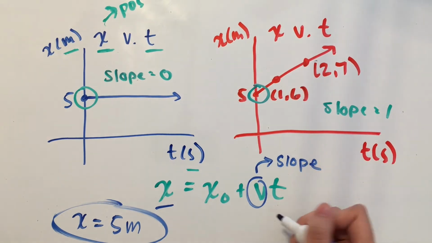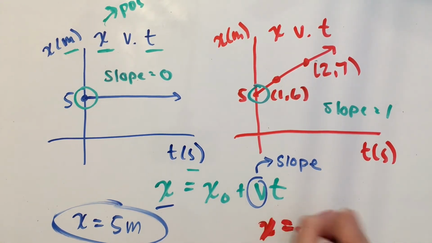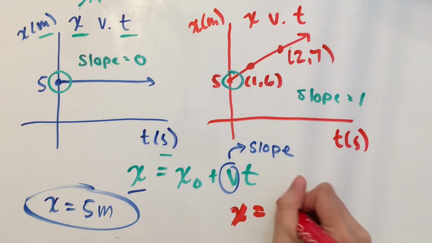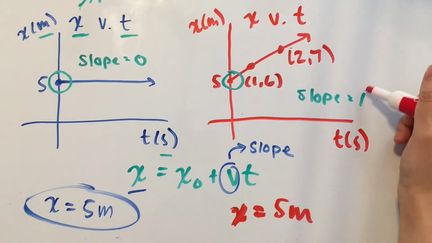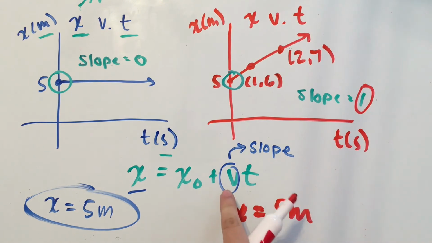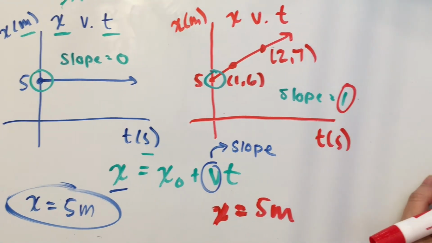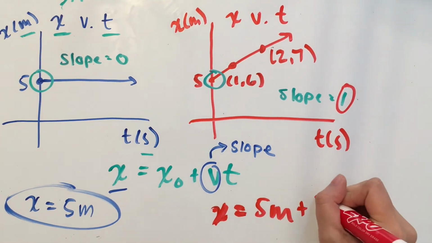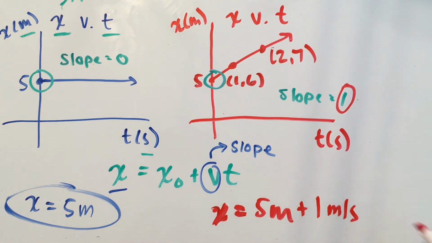And then over onto this graph, we can see that our initial position is still 5 meters, but our slope is 1. So we're going to plug that into our velocity. So we're going to have plus 1 meter per second, because velocity is measured in meters per second, times time.